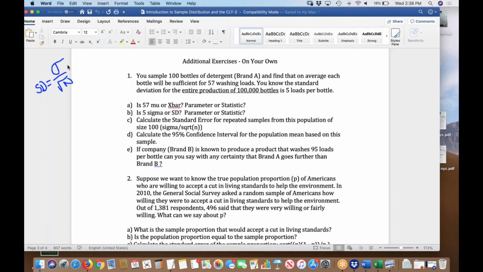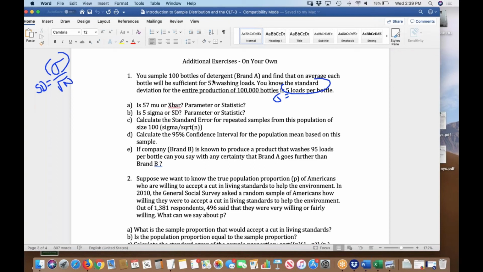I need to know the population standard deviation. Later on, we're going to see that we have ways around that, since really we're never going to know the population standard deviation any more than we know the population mean. So I need to know that sigma. In this case, I'm giving myself that luxury, that sigma is equal to 5 loads per bottle.